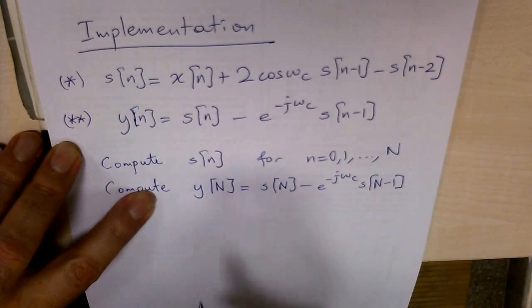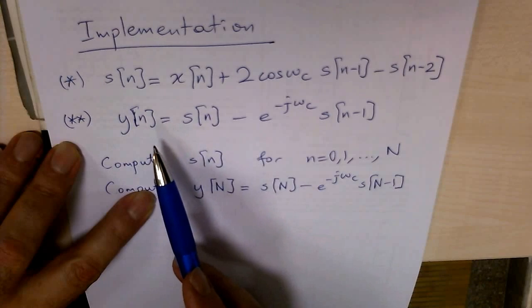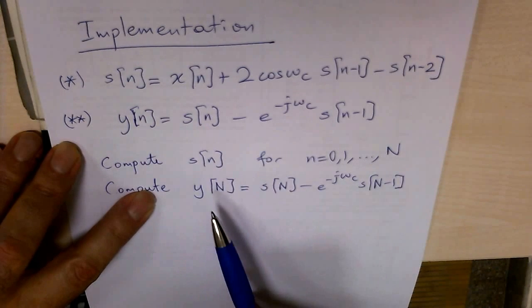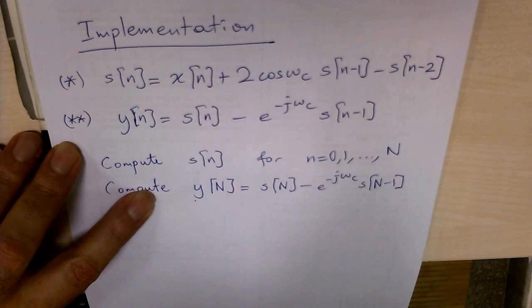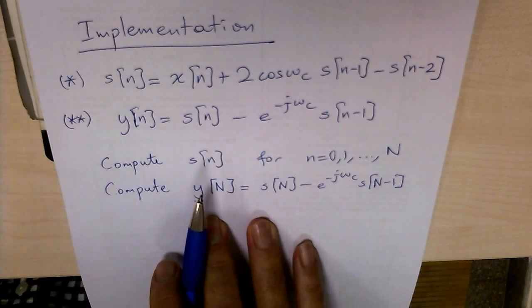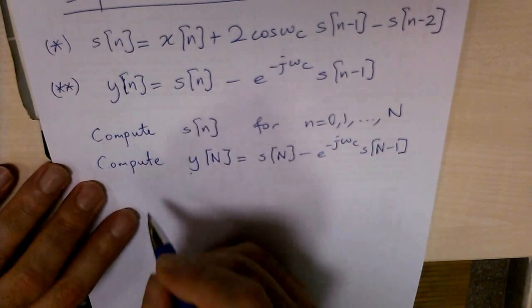And that's it. See, we don't compute this y[n] for n is equal to 0, 1, 2, all the way up to capital N. We computed it only once. Only once.